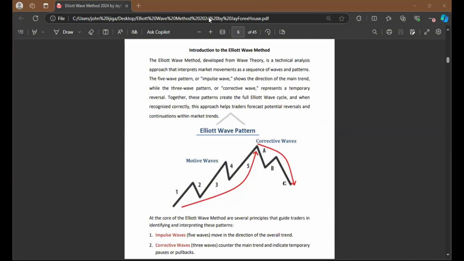So this is known as a single leg, and it repeats itself as 1, 2, 3, 4, 5, and A, B, C, and on and on.